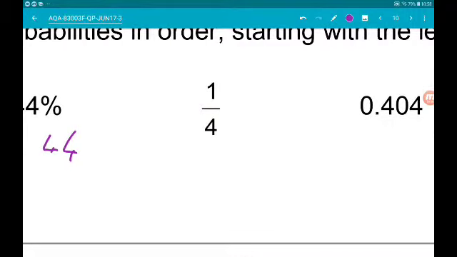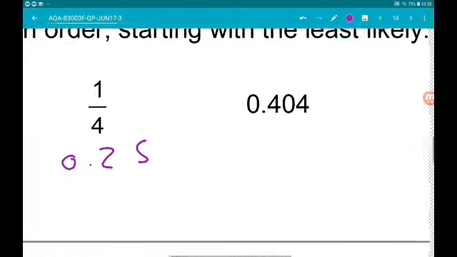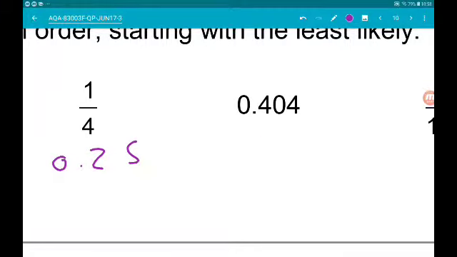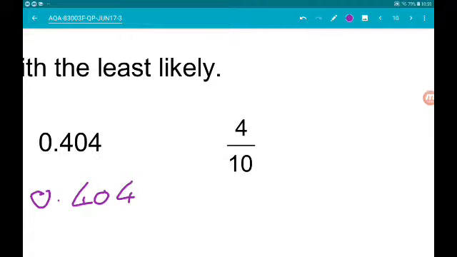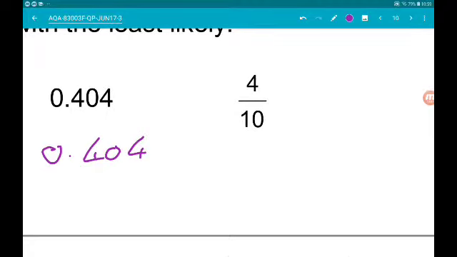1/4, now if you don't know this, your calculator can turn the fraction into a decimal. So 1/4 is 0.25. 0.404 is 0.404, and 4/10 is 0.4.